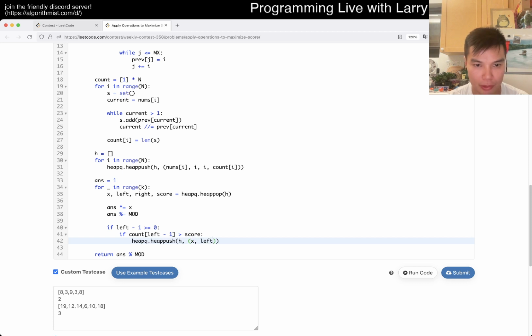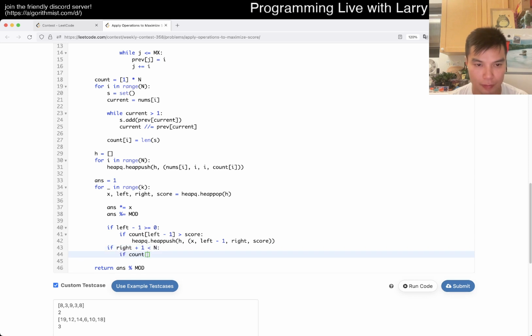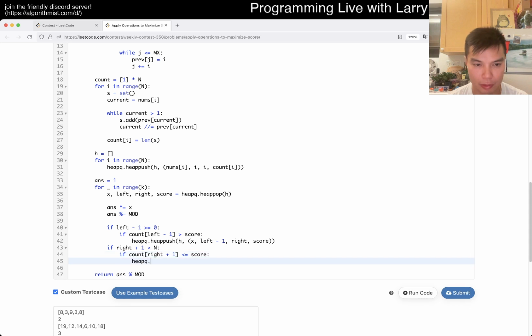Then we can expand to the left, with the same score. If it's equal as well, then on the other side. Yeah, okay, that makes sense.